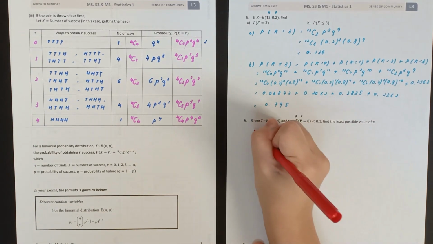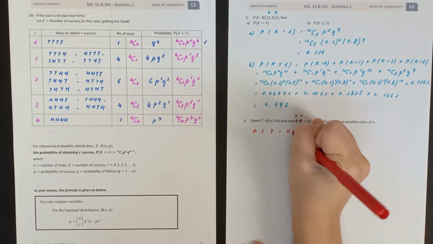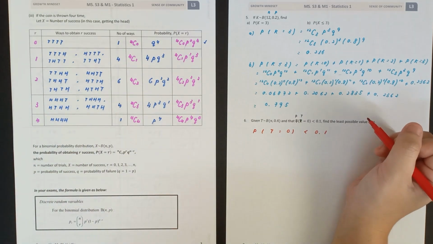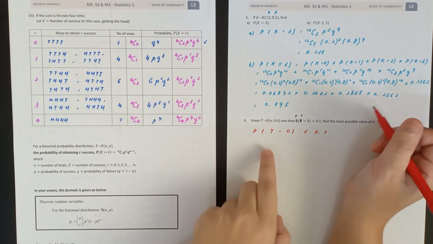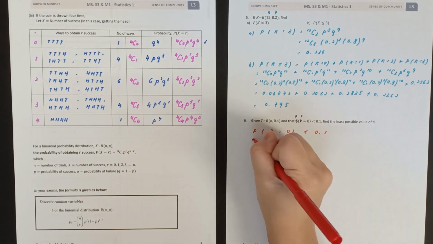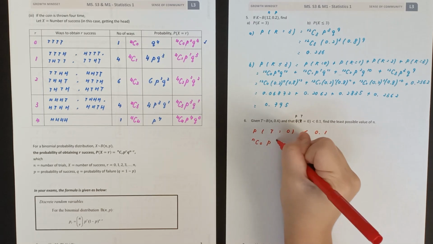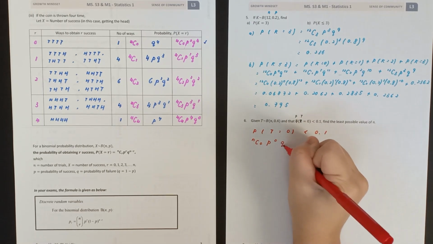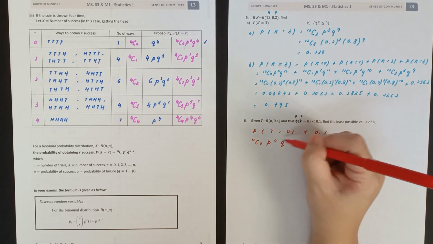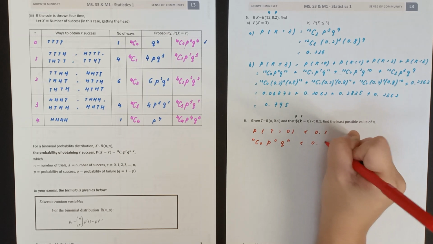So the probability of T equals 0 is smaller than 0.1. How do you solve it? The same thing: the probability of T equals 0 will be nC0 p^0 q^n, because n minus 0 gives you n, and that's smaller than 0.1.